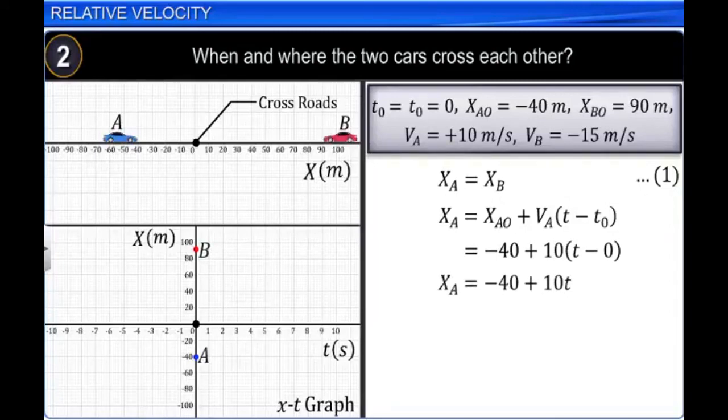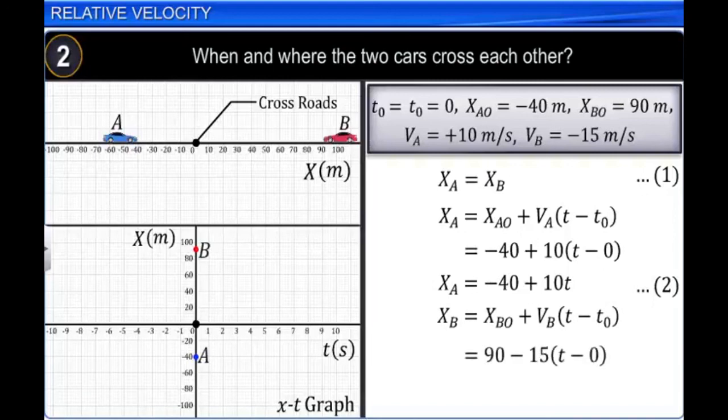Similarly, XB is equal to XBO plus VB into T minus T naught. By substituting and simplifying, we get XB equal to 90 minus 15T, which is equation 3.